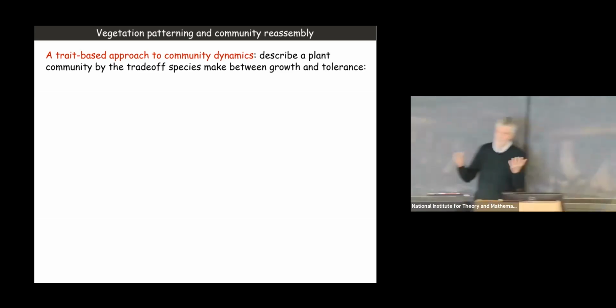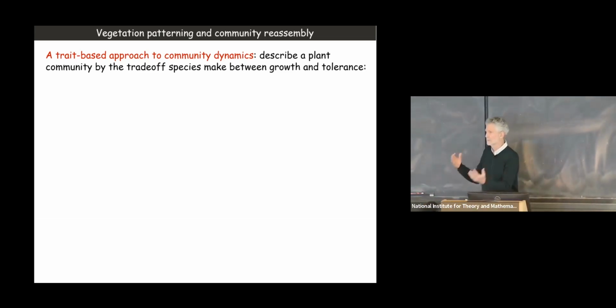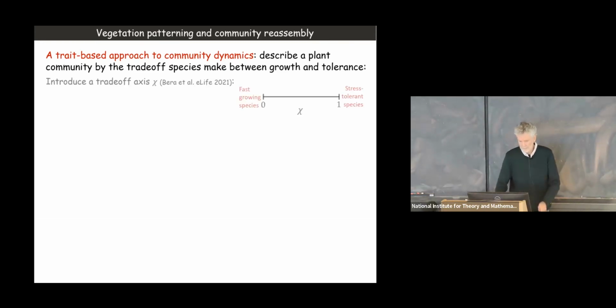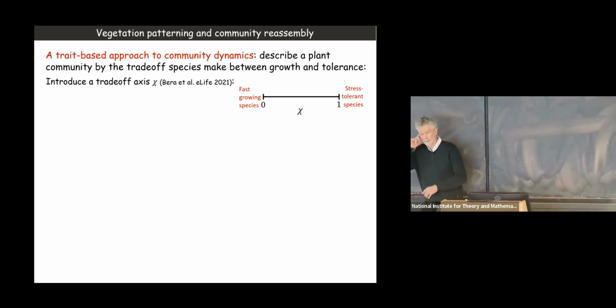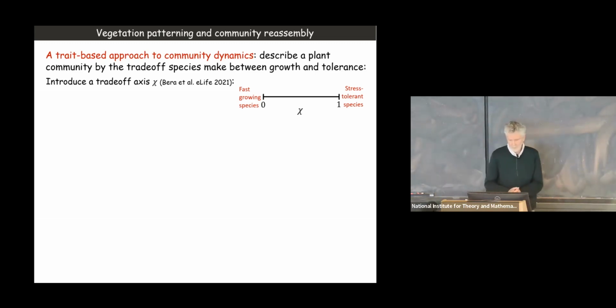So we choose two functional traits, growth rate and mortality rate, or tolerance. And as we said, there is a trade-off between these two traits. Fast-growing species are less tolerant than tolerant species, which grow more slowly.